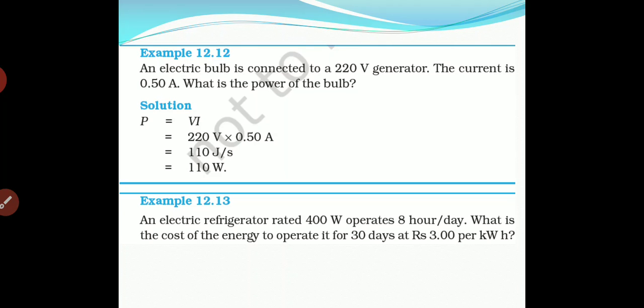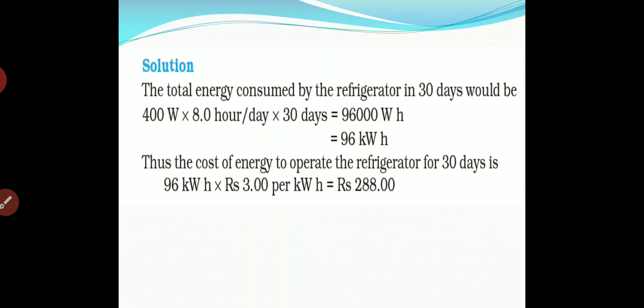Similarly, an electric refrigerator rated 400 watt operates 8 hours per day. What is the cost of the energy if operated 8 hours for 30 days?